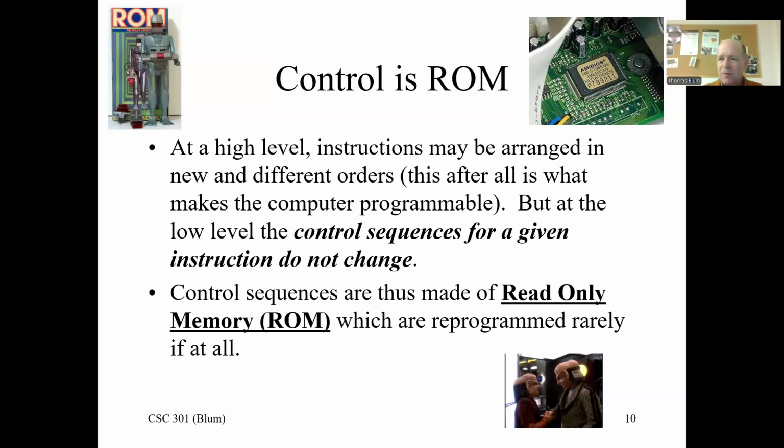I'm going to change the data, and I'm going to change the order of the instructions. But once I have an instruction, it's got to be performed a certain way. And so that information of how to perform that certain instruction in that certain way is going to be put in ROM, because that's either not going to change or change quite rarely.